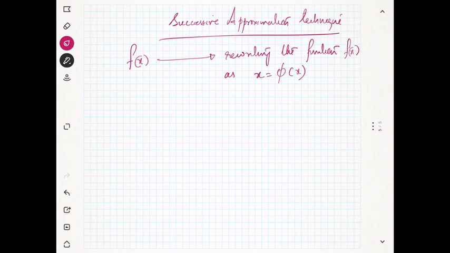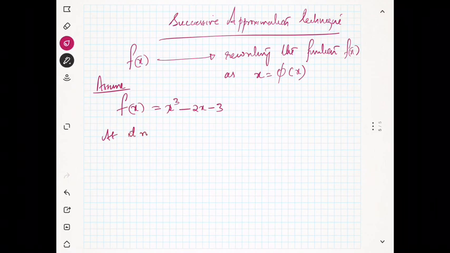So let us assume that there is a function f of x which is given by x cube minus 2x minus 3. Now at its root we have f of x equal to 0, right?